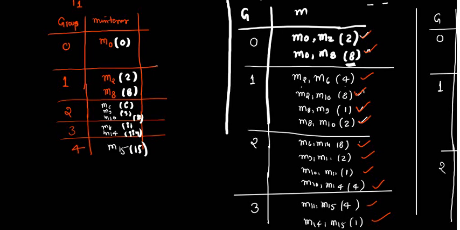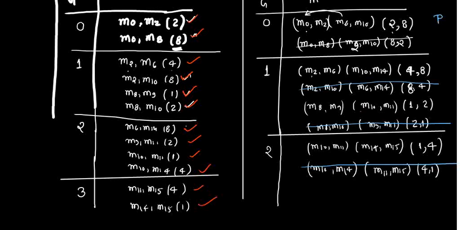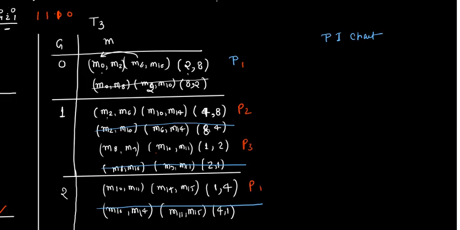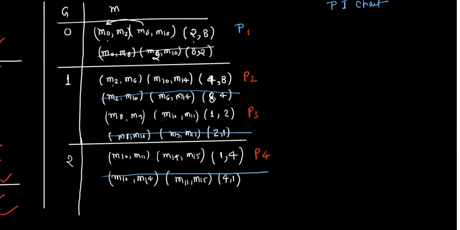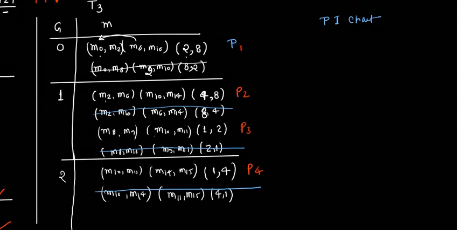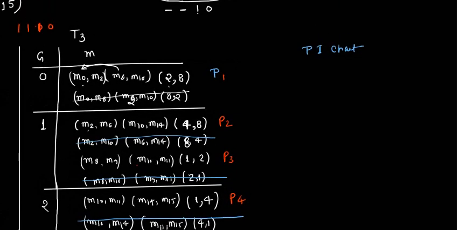We have 0 to 8, 6, 9, 10, 11, 14, right? You can also deal with it systematically. So these are all the implicants. This is P1, this is P2, this is P3, and this is P4. You have four prime implicants. Now you have to draw the PI chart and identify essential prime implicants.